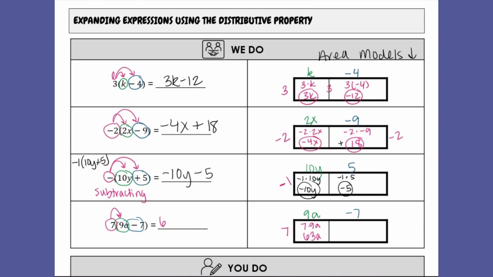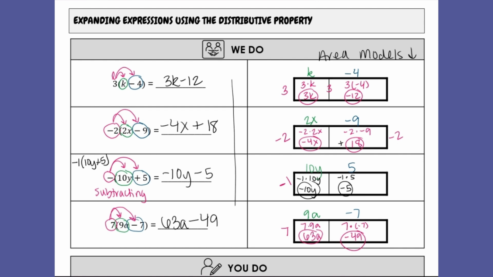Then I'm going to take that 7 and multiply it by negative 7. 7 times negative 7 is negative 49. So I'm going to rewrite the area of the big rectangle as the sum of the area of the two smaller rectangles, which is 63a minus 49.